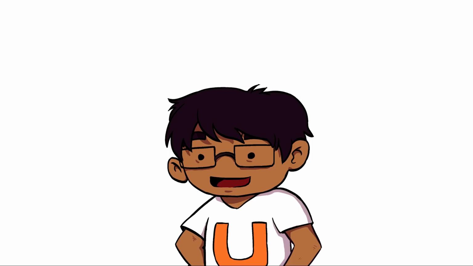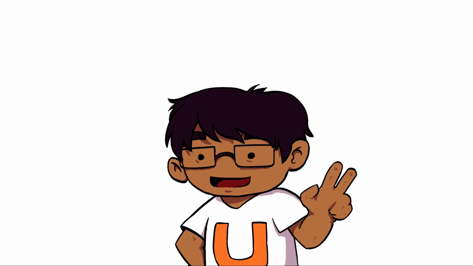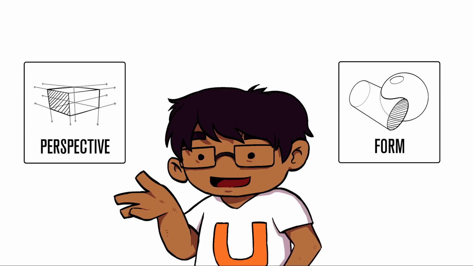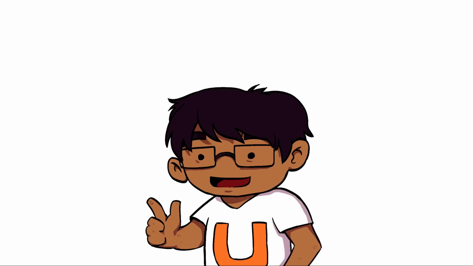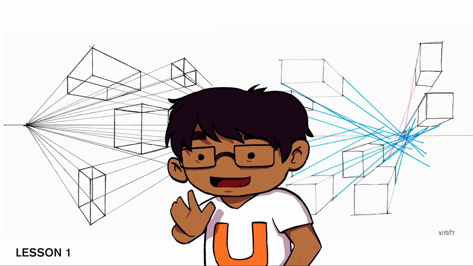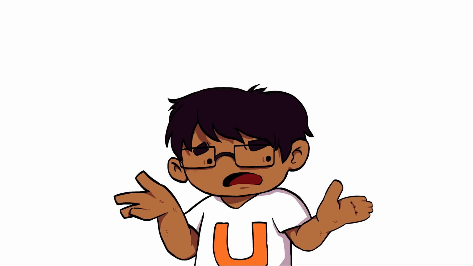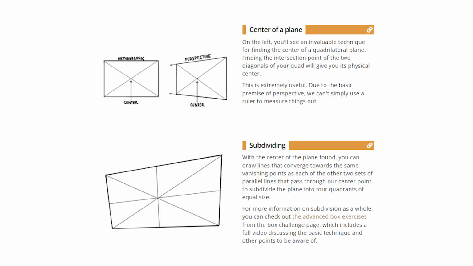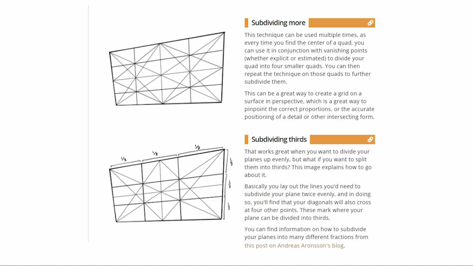Spatial reasoning is effectively a mixture of two of the fundamentals I'd listed previously, form, with some core concepts relating to perspective mixed in. That's a point worth emphasizing. While Drawabox teaches the basics of perspective early on, it is not a perspective course and only covers the bare minimum in Lesson 1, along with a few more interesting concepts towards the end.